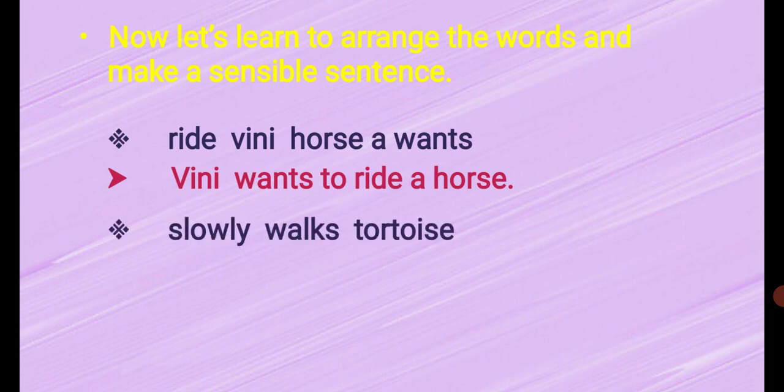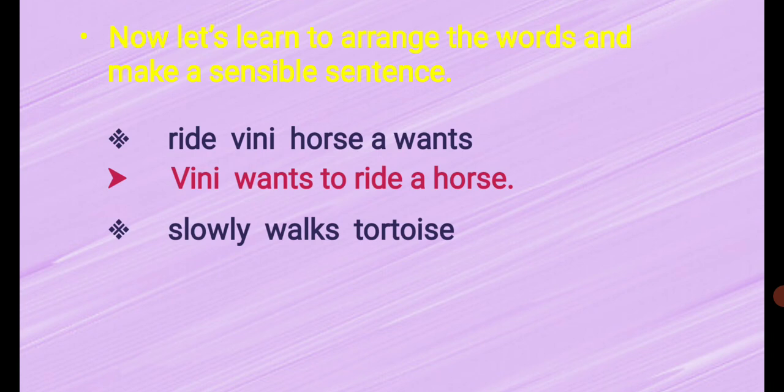Let's move on. The next sentence: slowly walks tortoise. Now just think about it. Among these three groups of words, slowly, walks and tortoise, which one is the active part of the sentence?